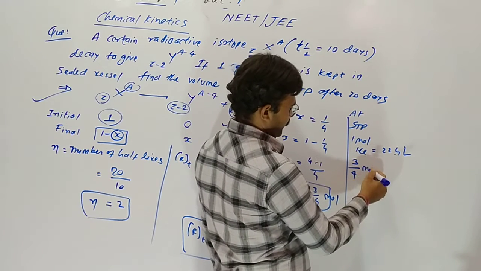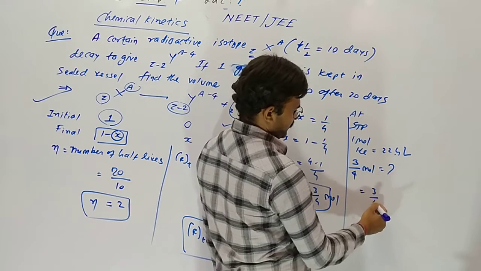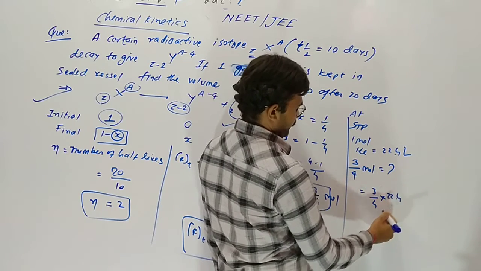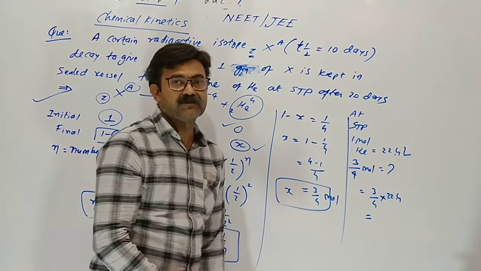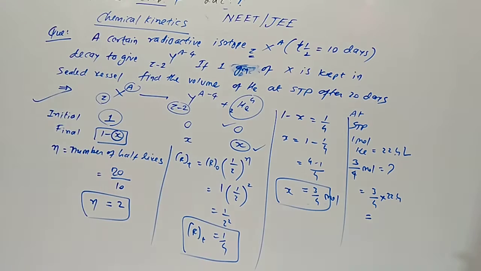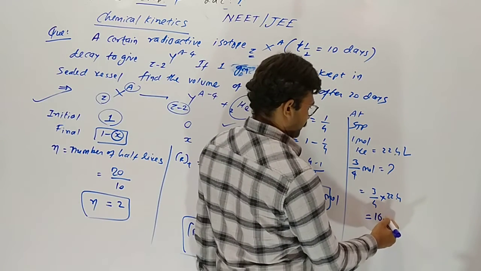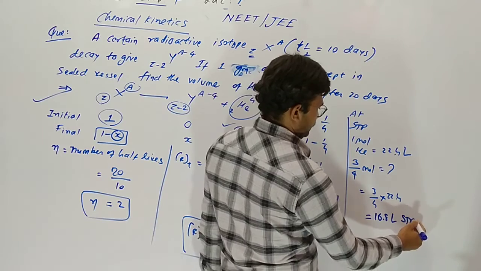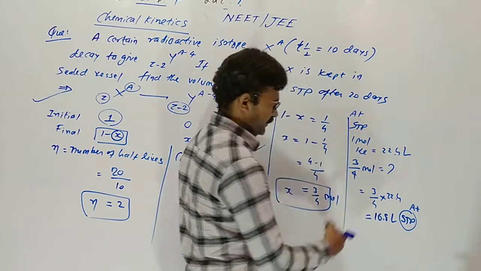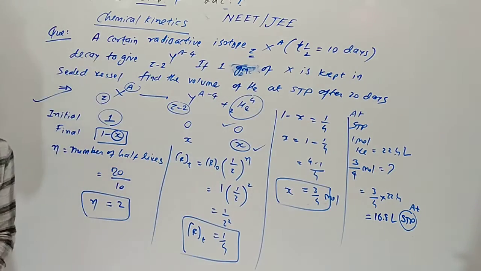So 3 by 4 mole, how much? 3 by 4 into 22.4 liter. So 22.4 multiplied by 3 and divided by 4 gives 16.8 liter at STP. Yes, 16.8 liter at STP. This is our answer. Understood?